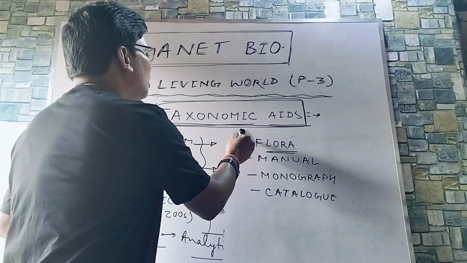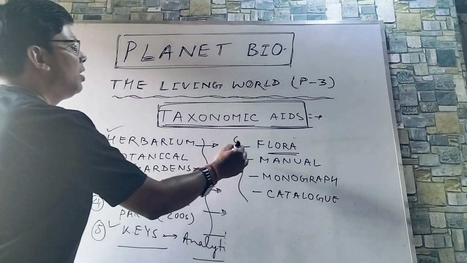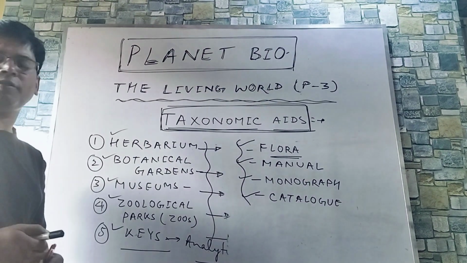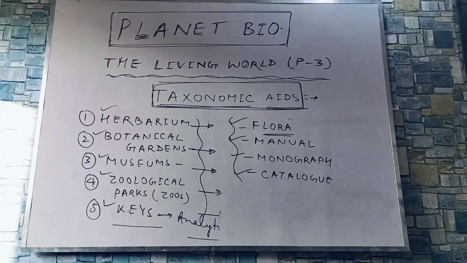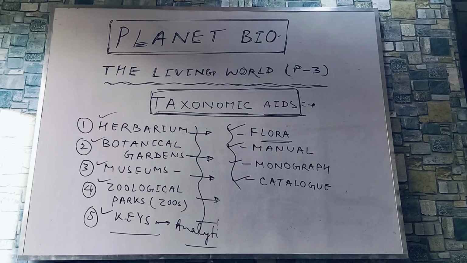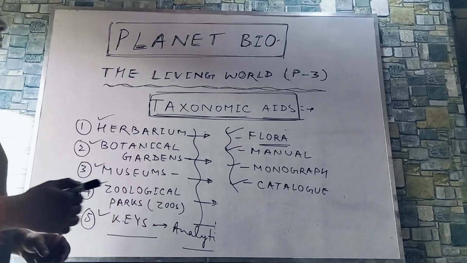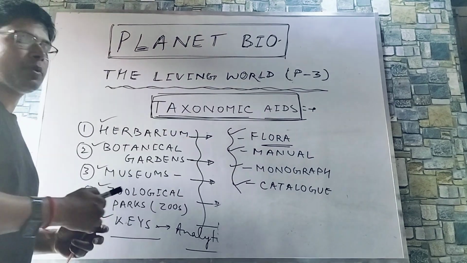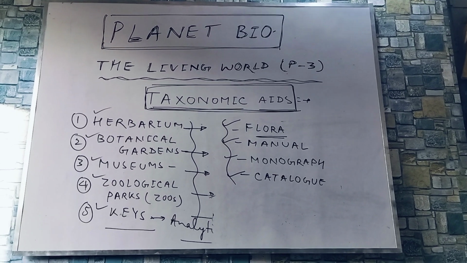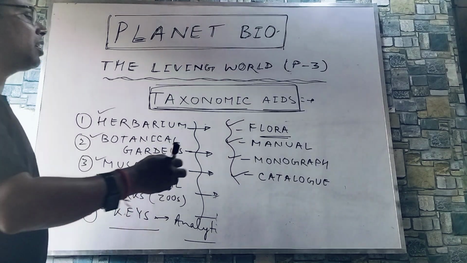So in addition to these five taxonomic aids, scientists may use flora, manual, monograph, catalog. Flora includes the actual account of habitat and distribution of plants of a given area. Manuals provide information for identification of names of species found in an area, and monographs contain information on any one taxon.